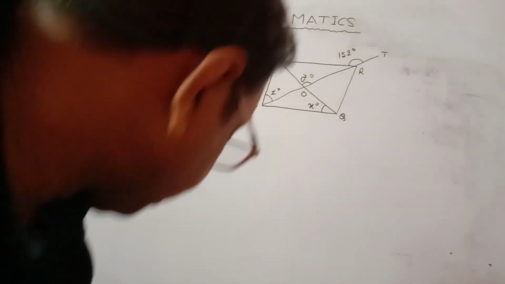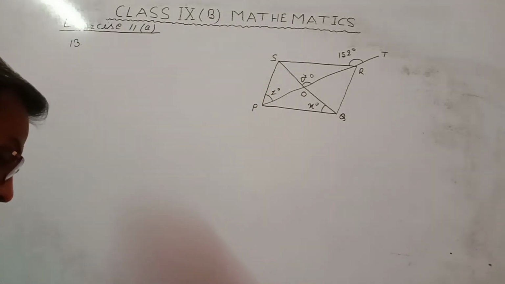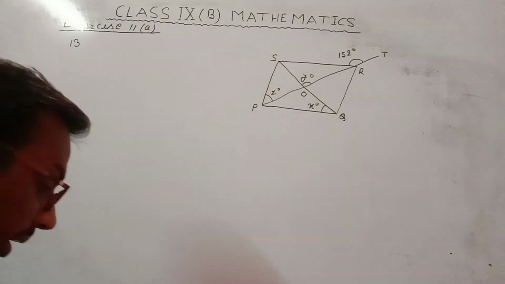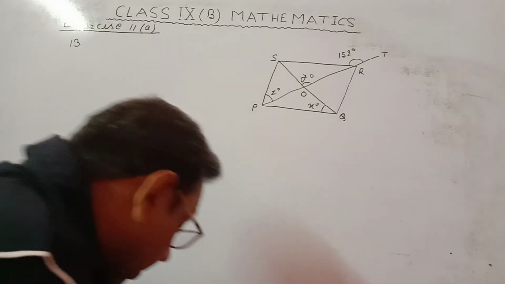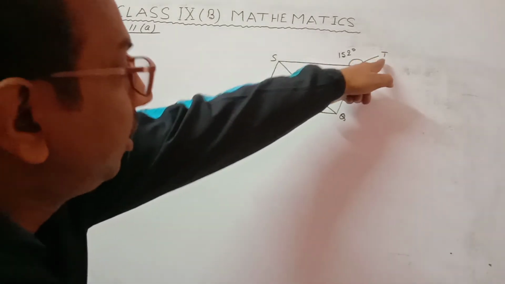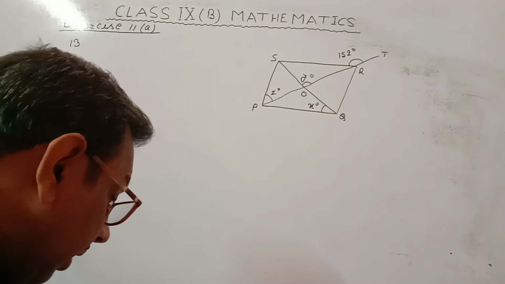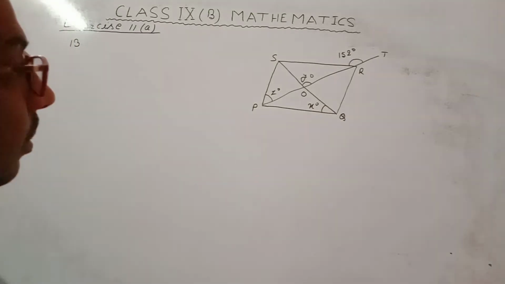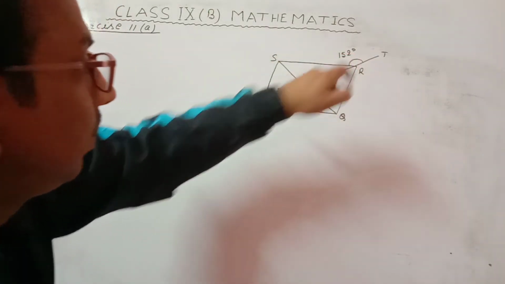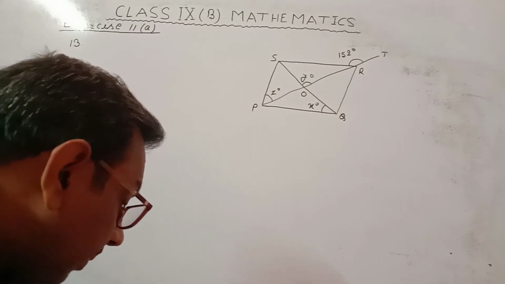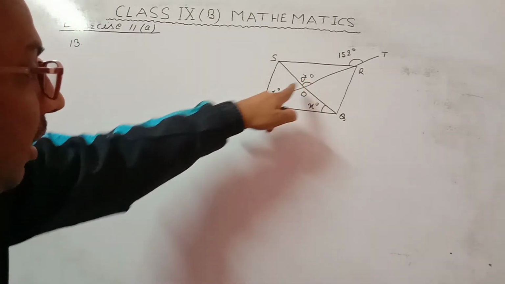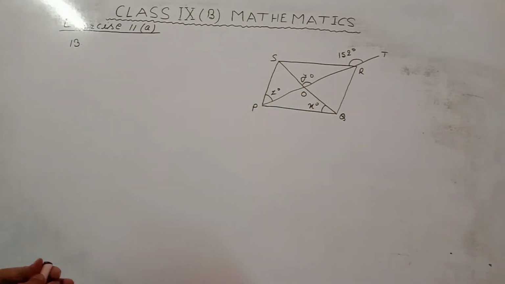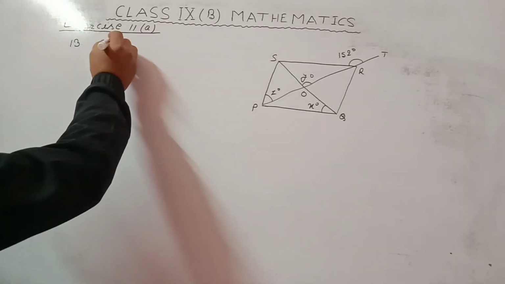In question number 13, one figure is given, that is rhombus PQRS, in which the diagonal PR is produced to T, and there angle SRT equal to 152 degree. Then find the value of X, Y and Z. So at first we write the given information.